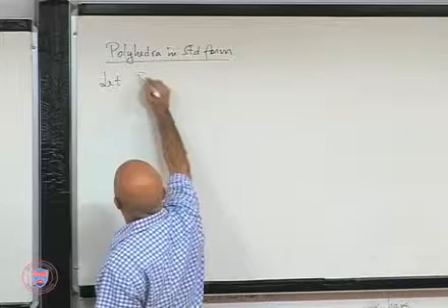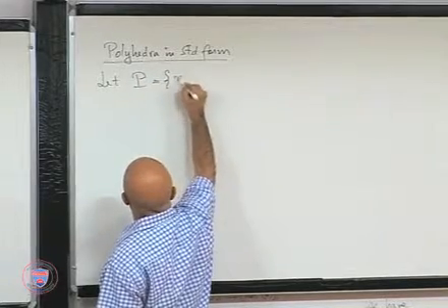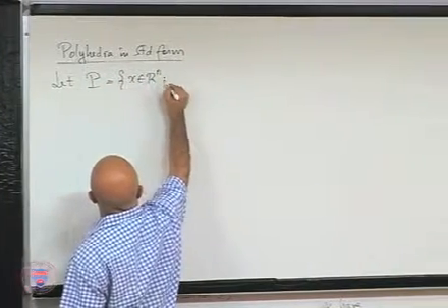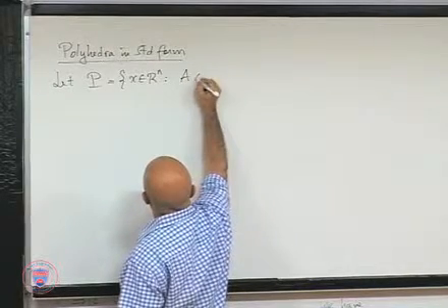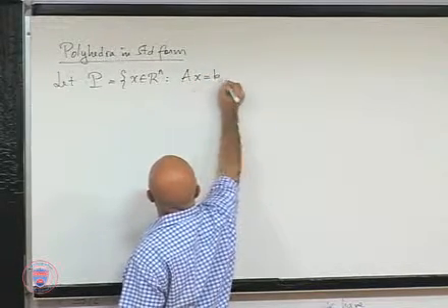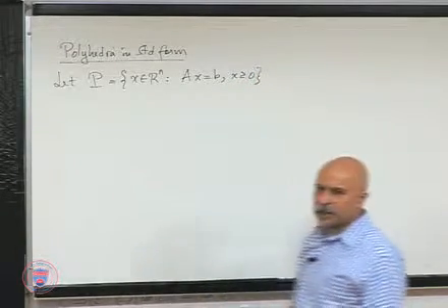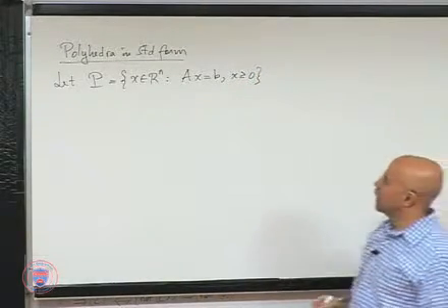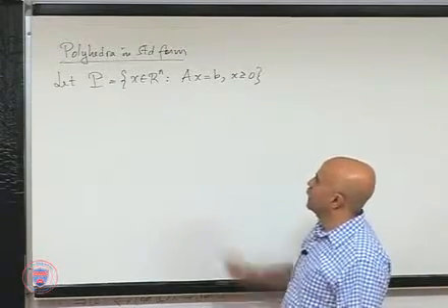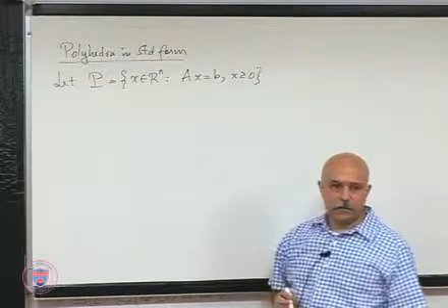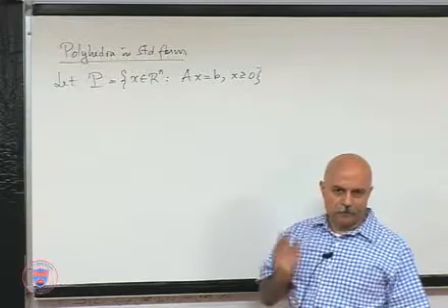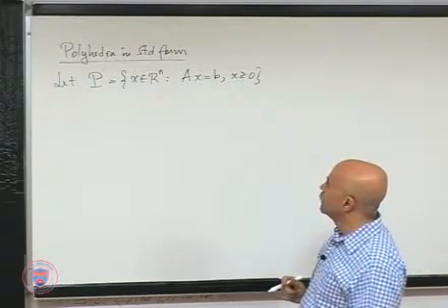Let's define P to be the set of points x for which Ax equals b and x greater than or equal to 0. That's the standard form polyhedron. Equalities and non-negativity on the variables, okay? That's how we define standard form.